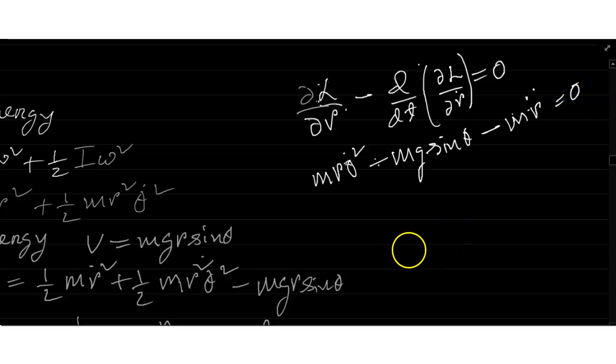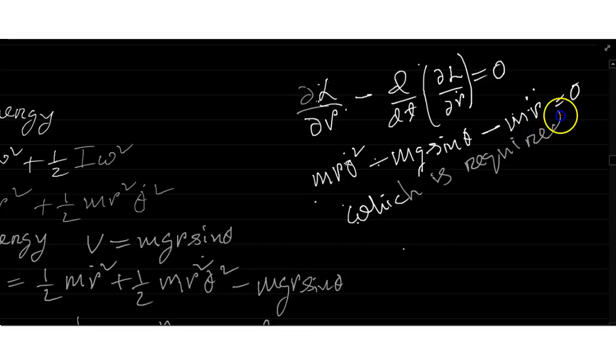This means the required equation of motion. Theta dot is equal to omega.